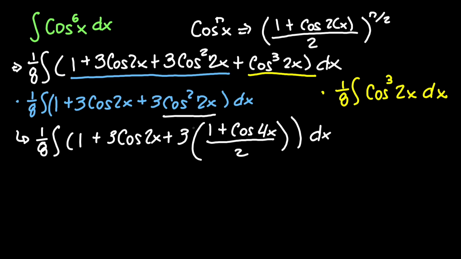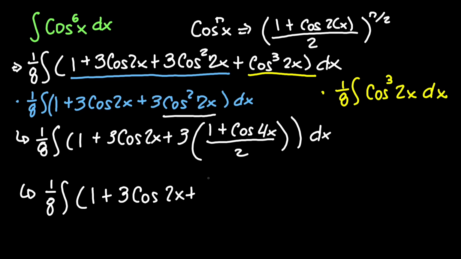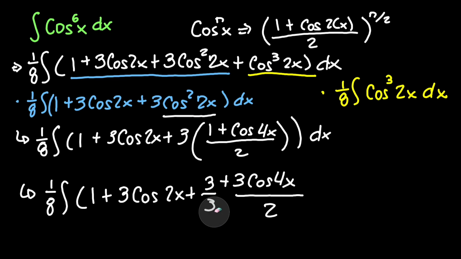And so we can distribute 3. So this would be something like this: plus 3 multiplied by 1 would be 3, plus 3 cosine of 4x divided by 2. Actually, we can just split the 2 in here. So this can be 3 over 2 plus 3 cosine 4x over 2 dx.